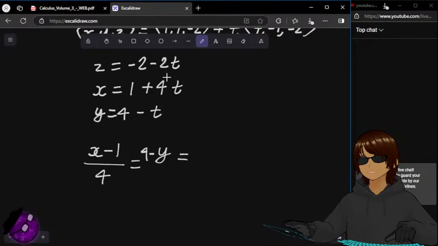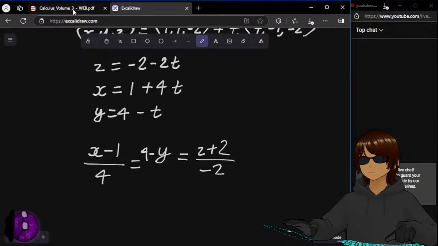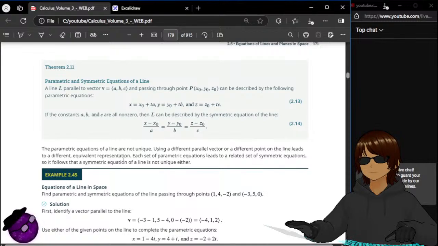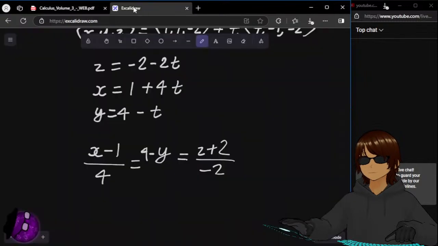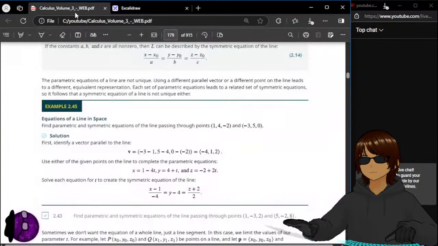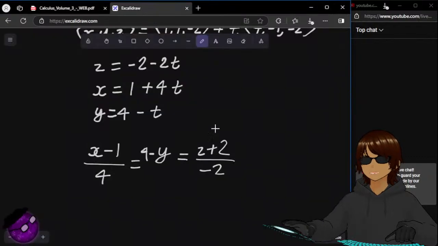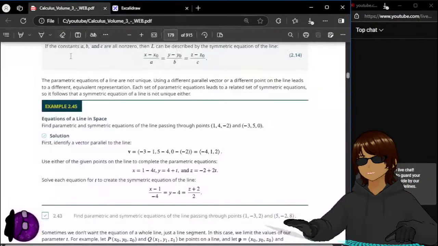We are making t the subject, right? So z plus 2 divided by -2. Yeah, if I multiply by -1, I get that equation.